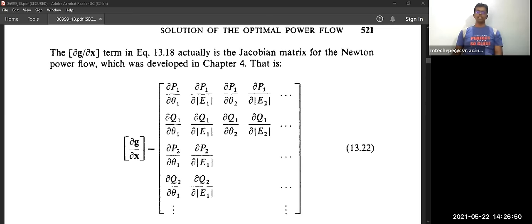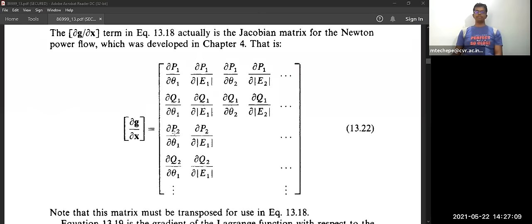So same like that for q: dou q1 divided by dou theta 1, dou q1 divided by dou e1, dou q1 divided by dou theta 2, dou q1 divided by dou e2, like that it may continue. Next, dou p2 divided by dou theta 1, dou p2 divided by dou e1, similarly dou p2 divided by dou theta 2, dou p2 divided by dou e2.